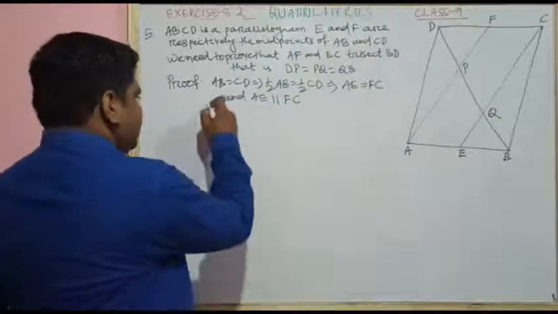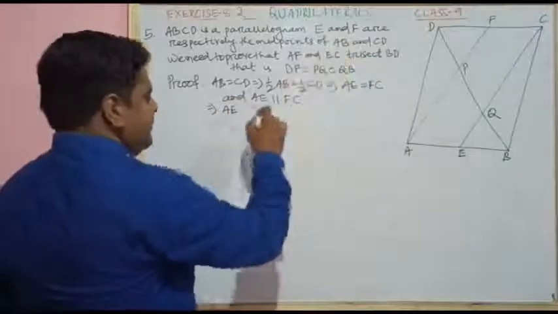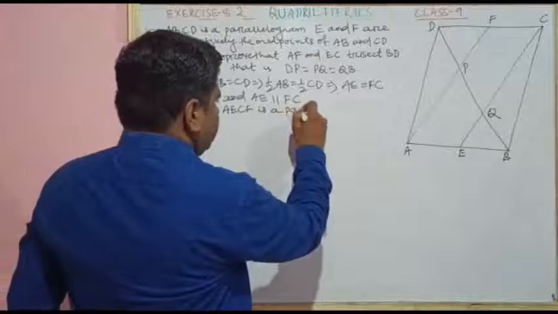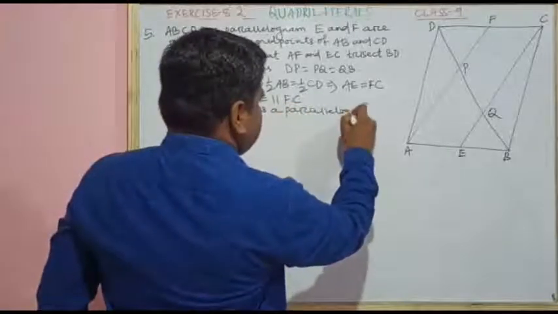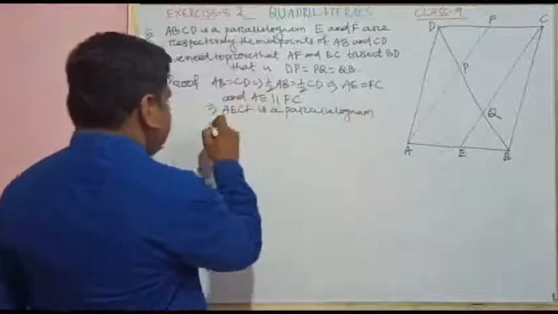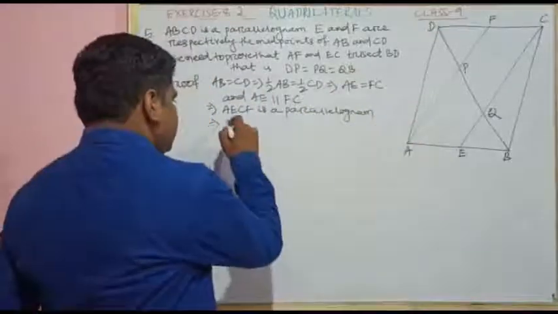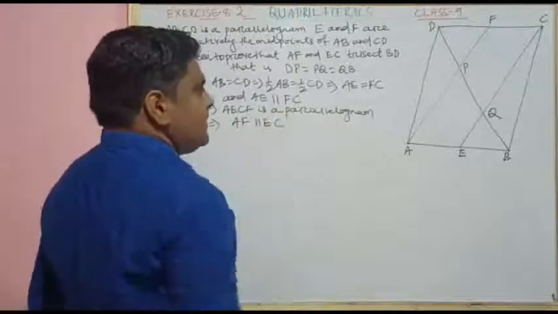From here we can write AECF is a parallelogram. If AECF is a parallelogram, then we can write AF is parallel to EC.